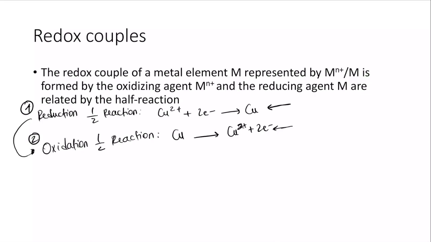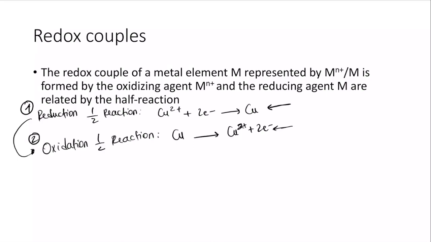If it's reduction, Cu2+ will gain 2 electrons, and if it's oxidation, the Cu will lose electrons to become Cu2+. So copper as an element can undergo either reduction or oxidation.